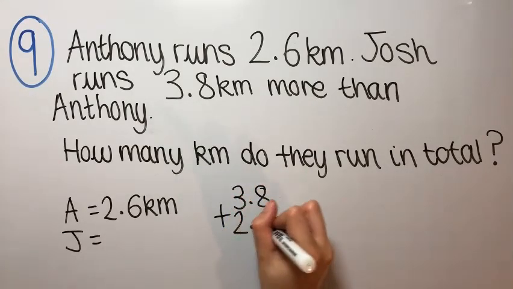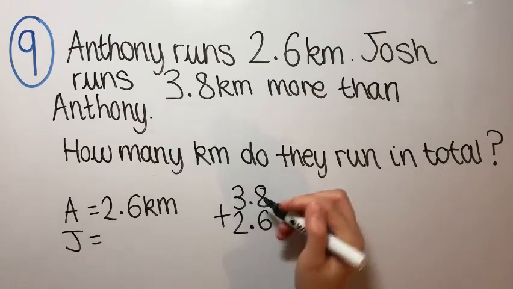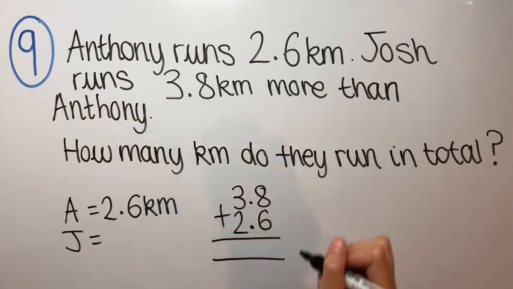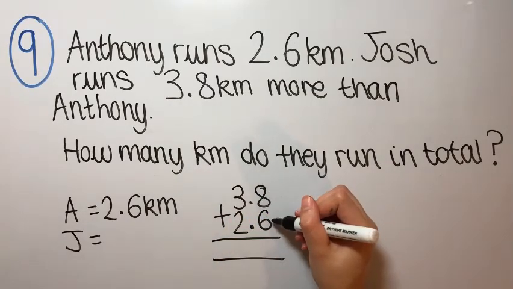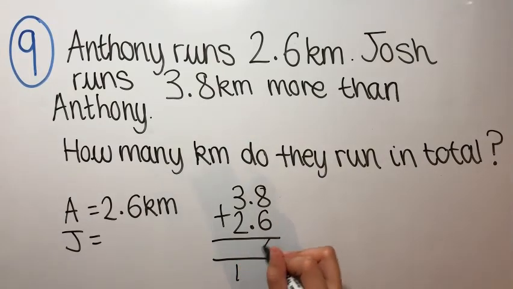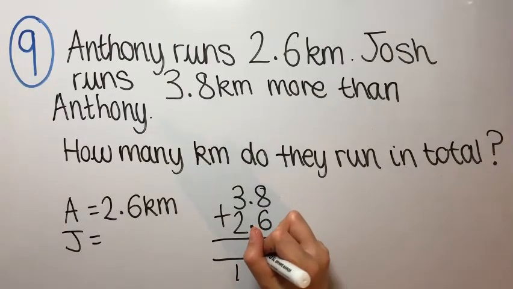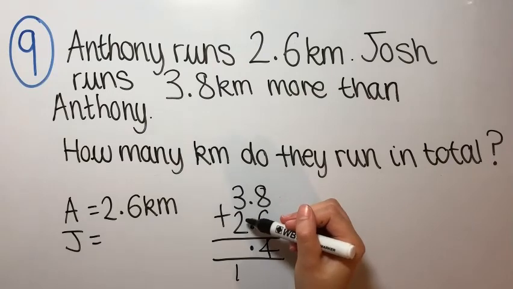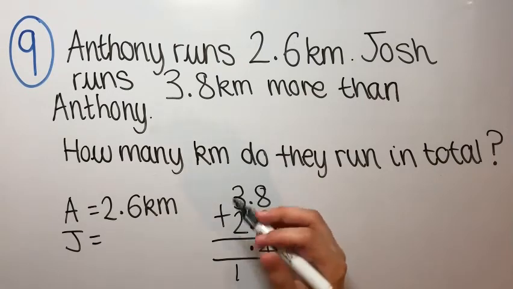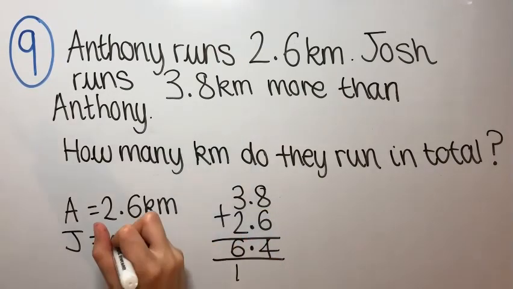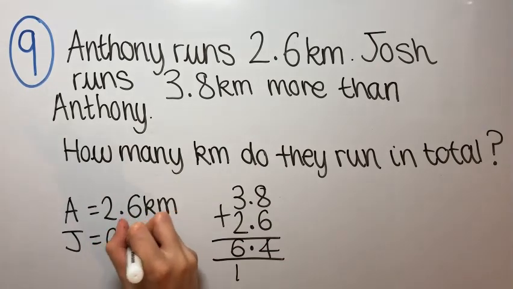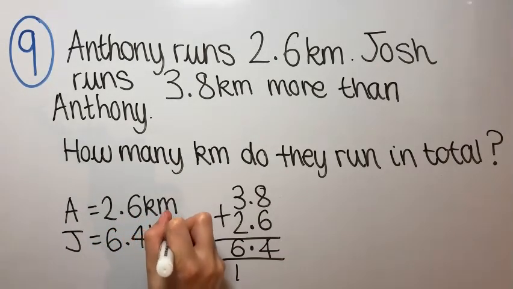making sure that our decimal places are in line with each other. 8 plus 6 gives us 14. Bring down our decimal place. 3 plus 2 is 5, plus 1 is 6. Josh runs 6.4 kilometres.